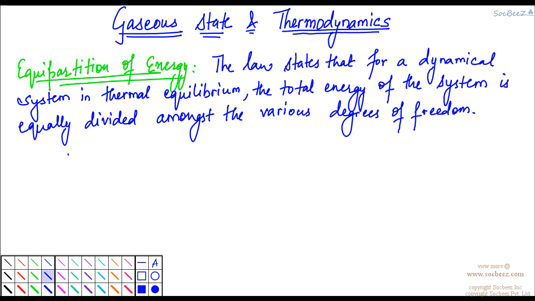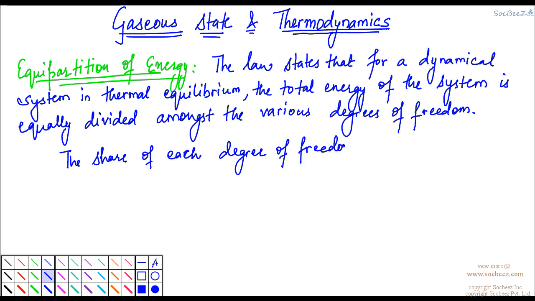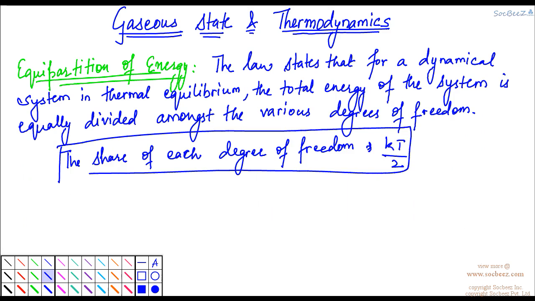So the share of each degree of freedom is kT by 2. Okay.